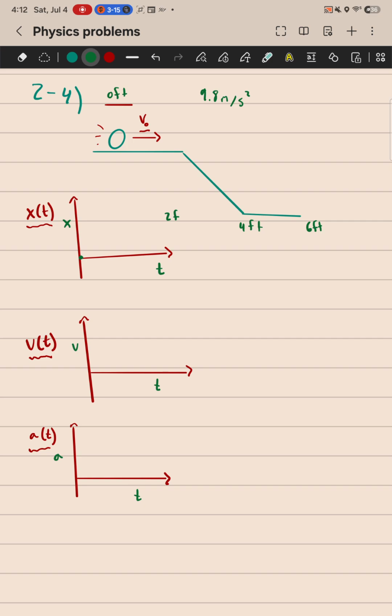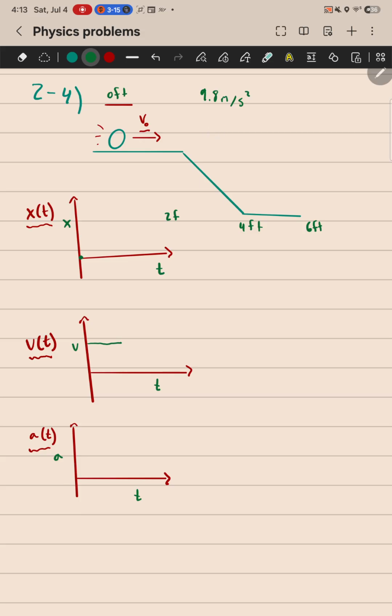Let's assume in this example that there's no friction on this ball, and so it won't slow down at all. It'll start with this initial velocity. As it goes down, it'll speed up, and then it'll stay at that velocity down here. And so here we've got our initial velocity up till 2 feet, and then as it goes down, it's acted on by gravity.